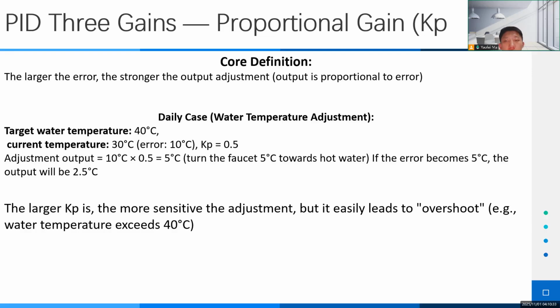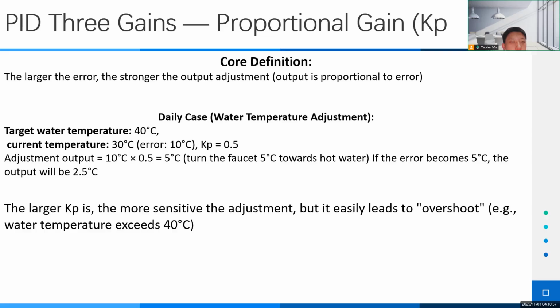The adjustment we need is 10 times 0.5, which is 5. So we turn the faucet 5 to hot. If the error becomes 5 later, the adjustment becomes 2.5.